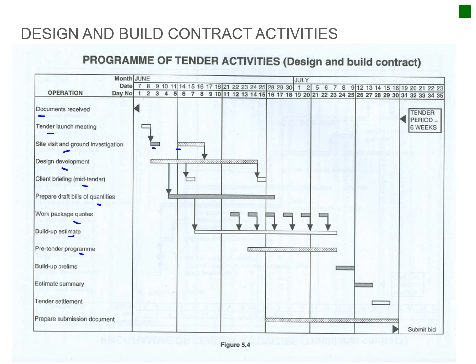Then you've got your pre-tender program, then the build-up of prelims is done, and your estimate summary is compiled, and your tender settlement, and prepare your submission document on which the client then evaluates your tender that you have submitted, whether that it will work or not.